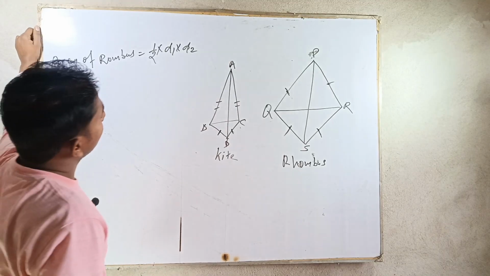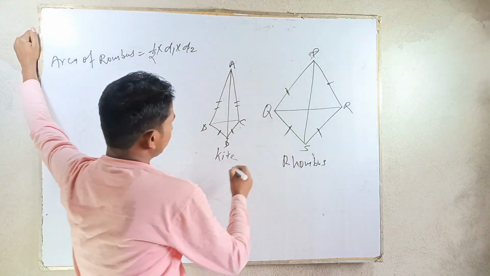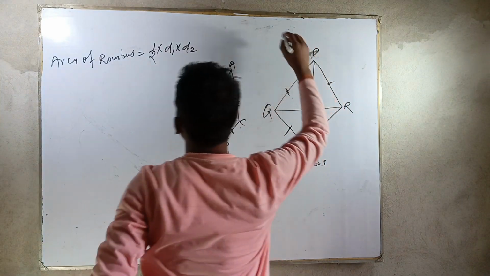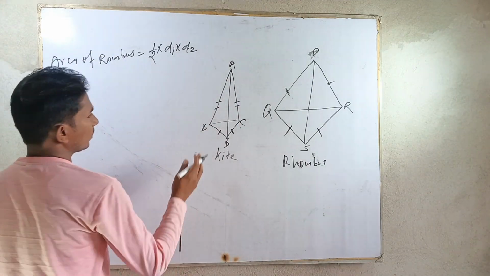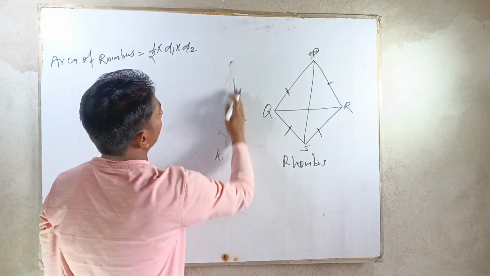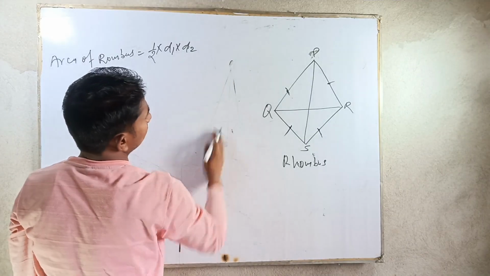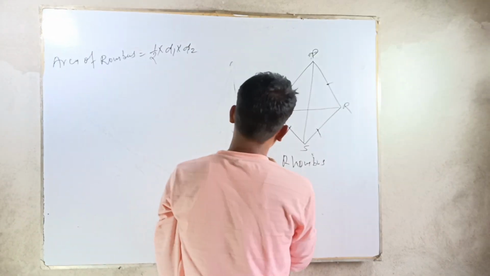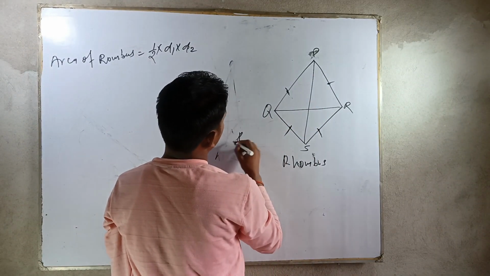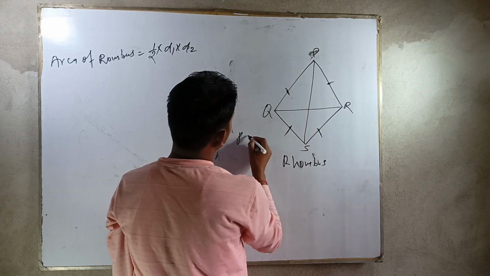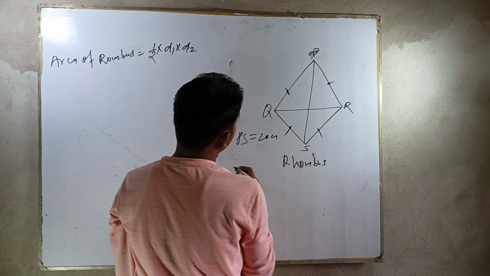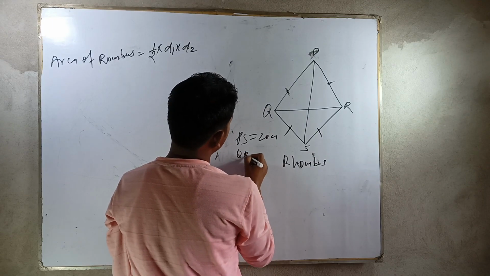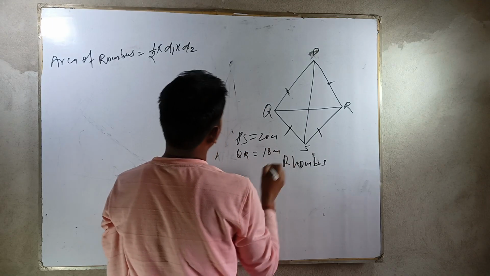In the figure, PQRS, QS is given as 20 centimeter and QR is given as 18 centimeter.